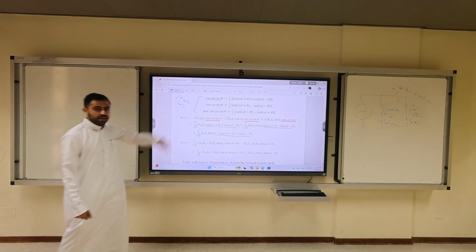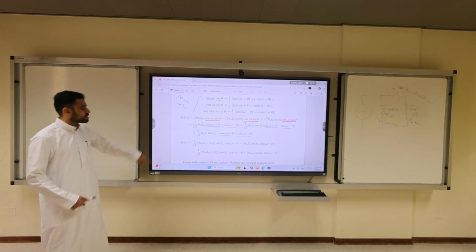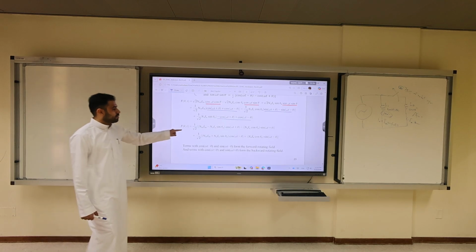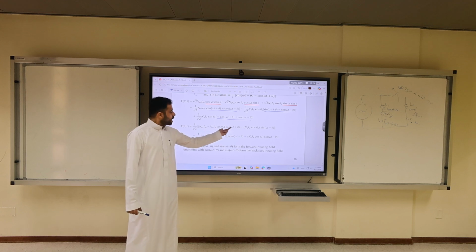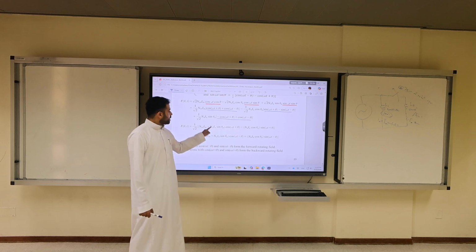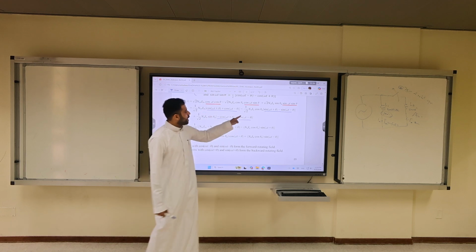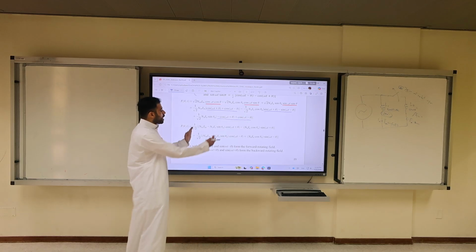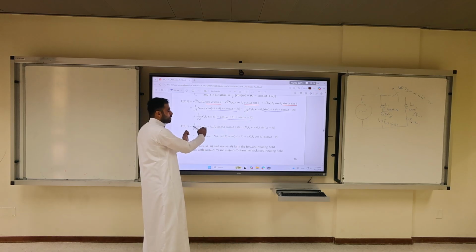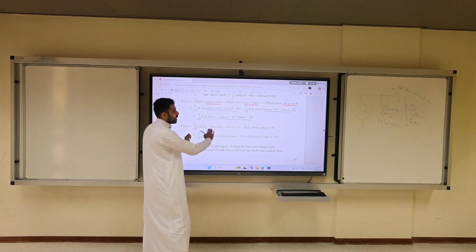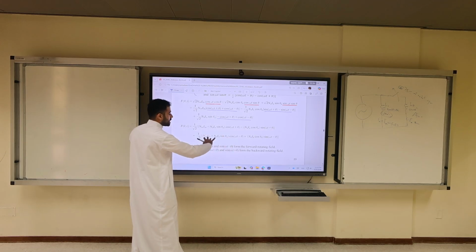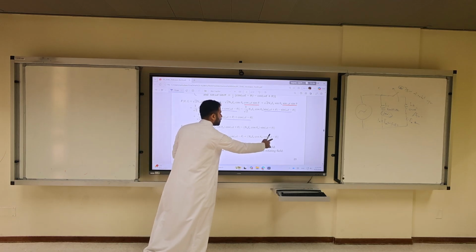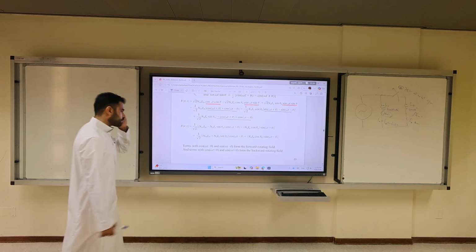Then you add and subtract. What will happen if you add and subtract? You get a mixture between the main and the auxiliary times cosine. Here it was all main alone and auxiliary alone. Now I'm having a difference between the main and the auxiliary. This one is a function of the auxiliary. This one is an addition of the main and the auxiliary. This is a function of only the auxiliary.